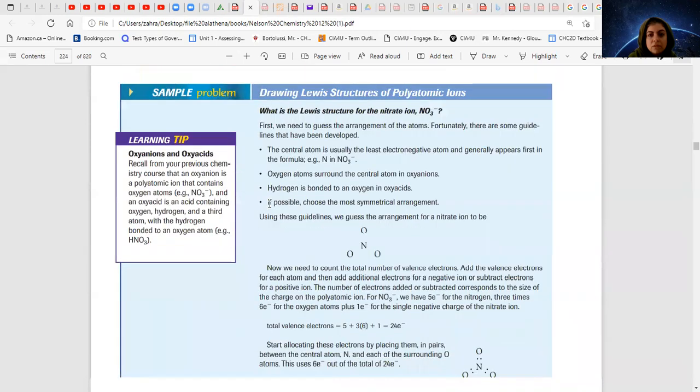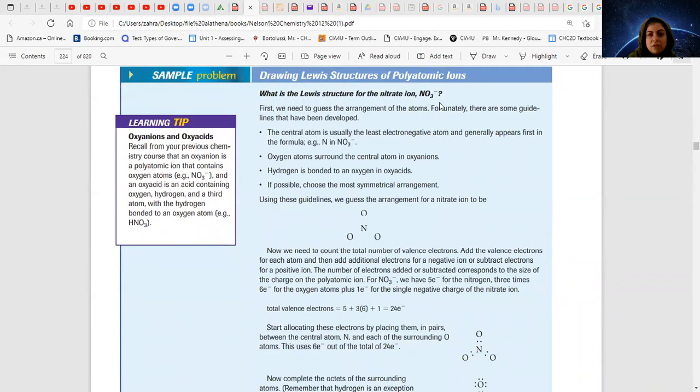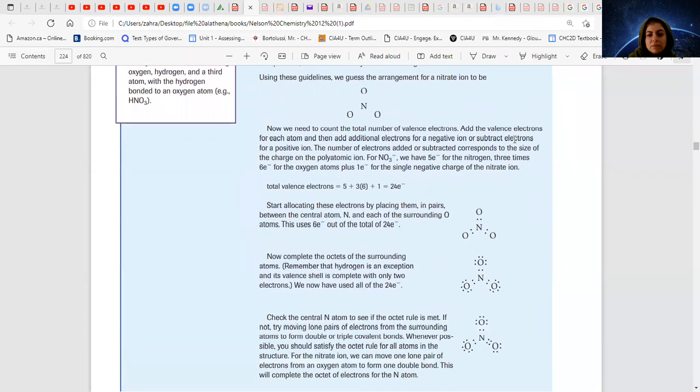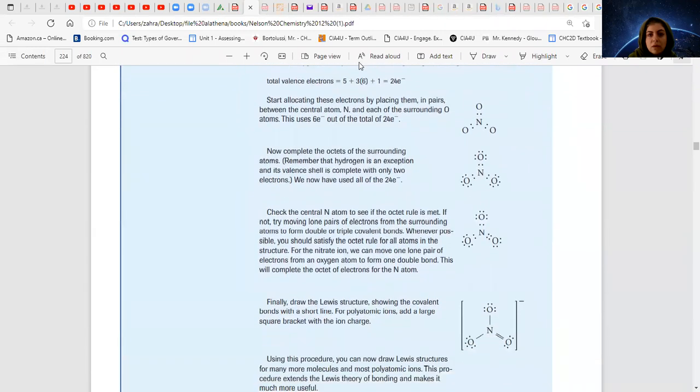Now, sometimes we have polyatomic ions. How do we do that? For example, NO3 negative. Let's just do that. NO3 negative. I know N is going to be central. Why?